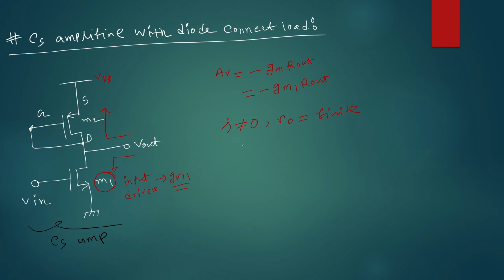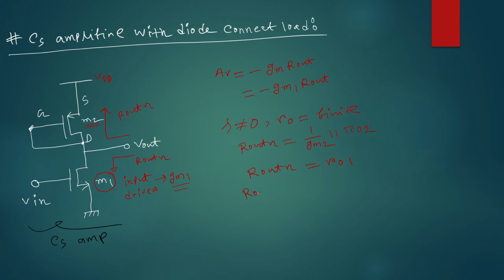In that case, Rout of the PMOS will be 1 by gm2, because this is the M2 MOSFET, parallel RO2, and Rout of the NMOS will be RO1.